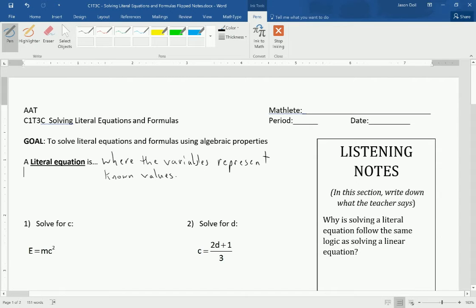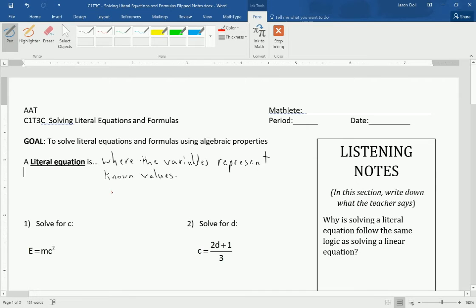All right, and so this is what we mean: we won't have an equation with an x or a q or an r or whatever else, just a random variable. The variables are going to be specific links to things in real life, such as height, length, distance, time, even slope. Slope, the variable m, is a variable that represents a known value.